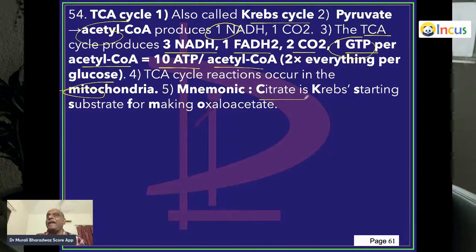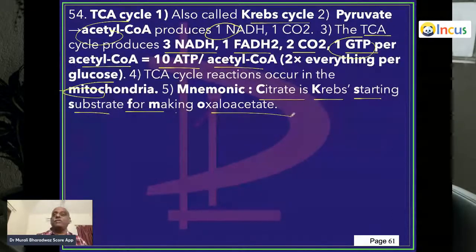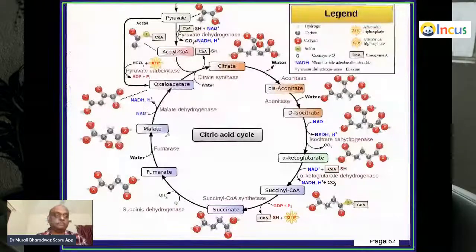So citrate is the Krebs starting substrate for making oxaloacetate. Citrate is the Krebs starting substrate for making oxaloacetate. Please meditate and try to remember this, oh my NEET PG mate. Kya shayari hai, right? So this is what we need to remember, doctor.